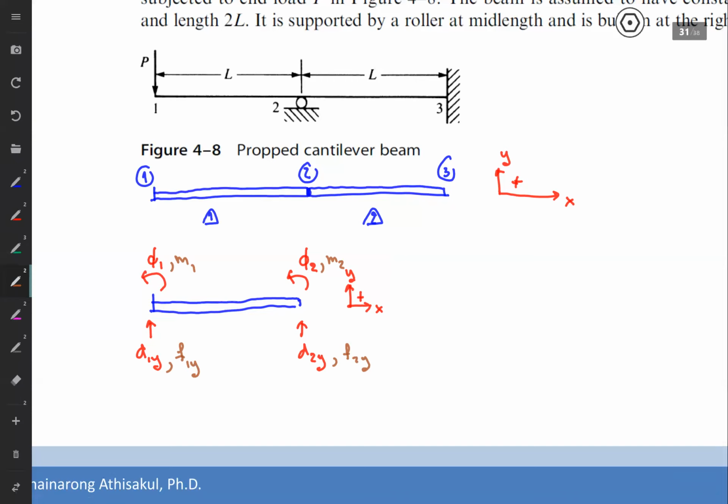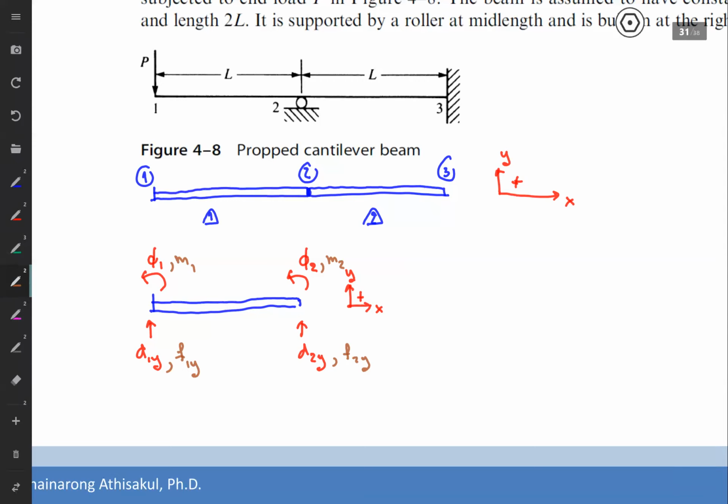According to this, we may review the element stiffness. What is the element stiffness for a beam? That is for the Timoshenko beam, and for the Euler-Bernoulli beam, if the beam is long enough we can apply Euler-Bernoulli beam theory.